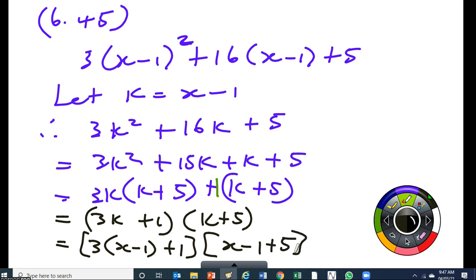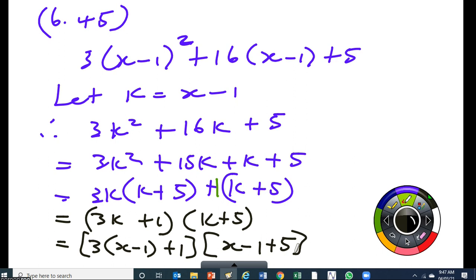I'm not done. You also need to look at whether what's inside the square bracket can be simplified. So, the first square bracket, I can simplify because if I remove the circular bracket, I'll get 3x minus 3, but there is a plus 1 which is on its own there. So I can simplify.